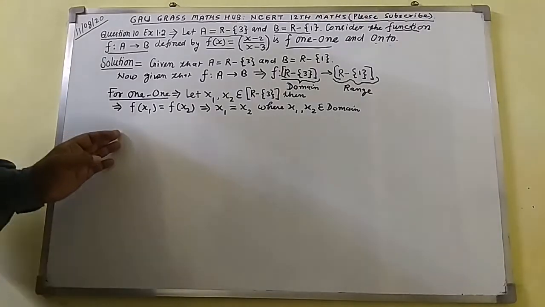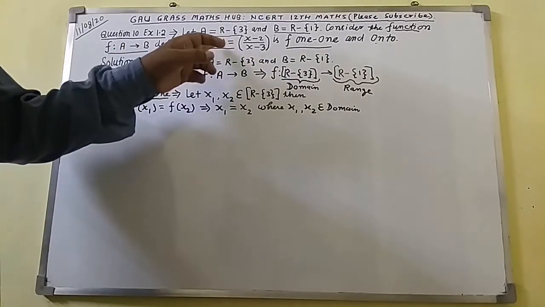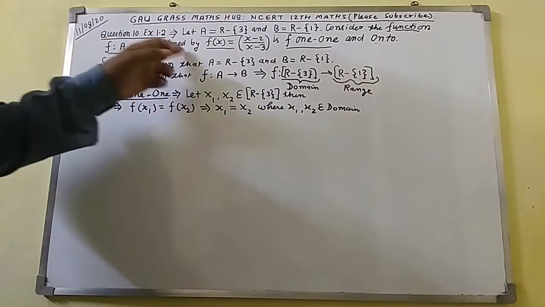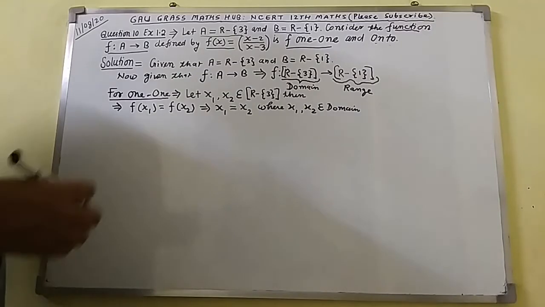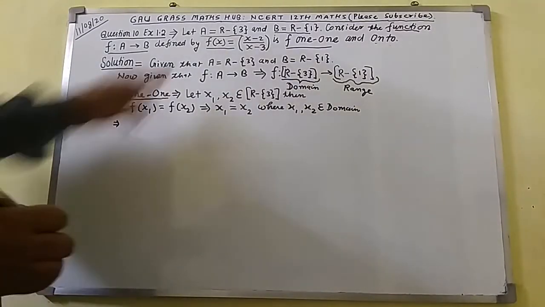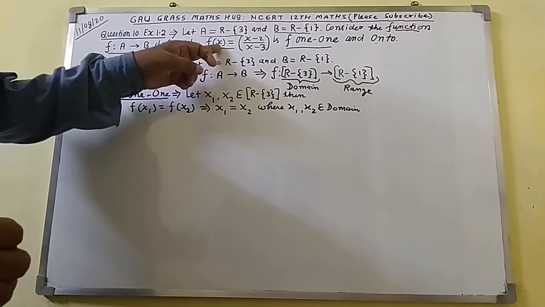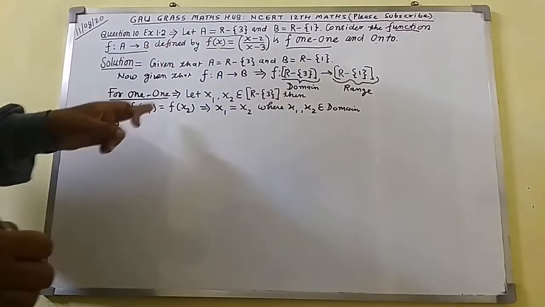So what to do? Here you have the function. This function is defined by f(x) equal to this one. Here you can see x is there, so in place of x, put x1.